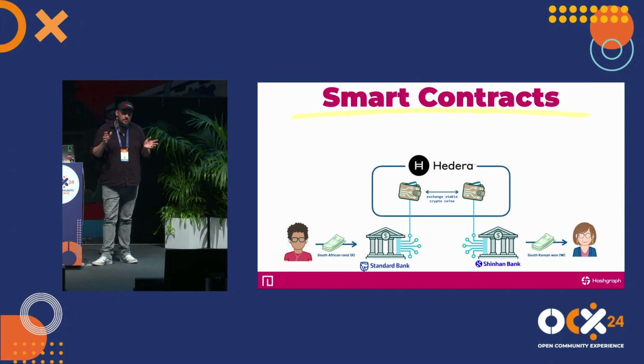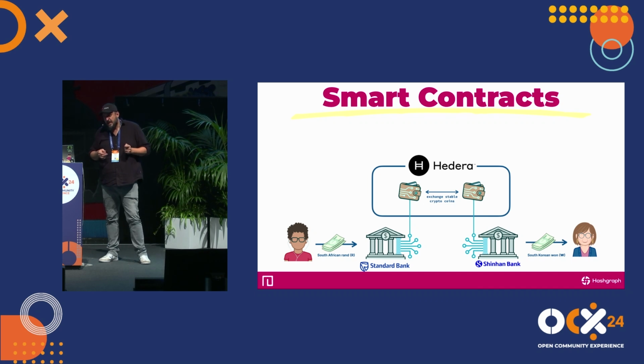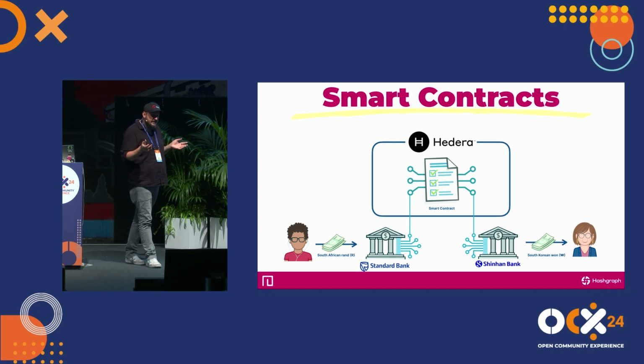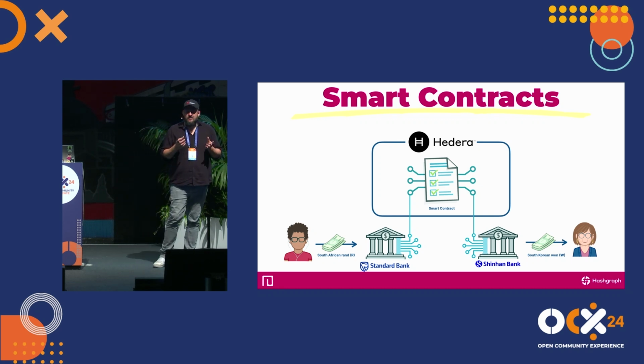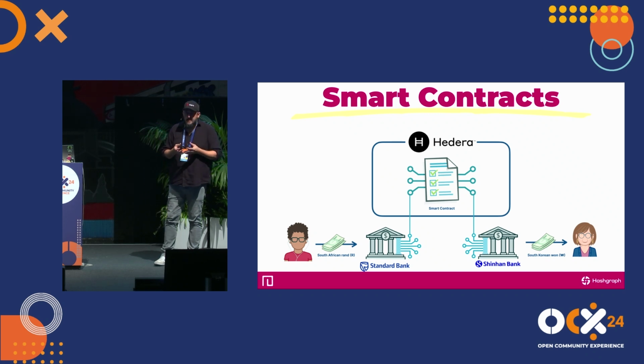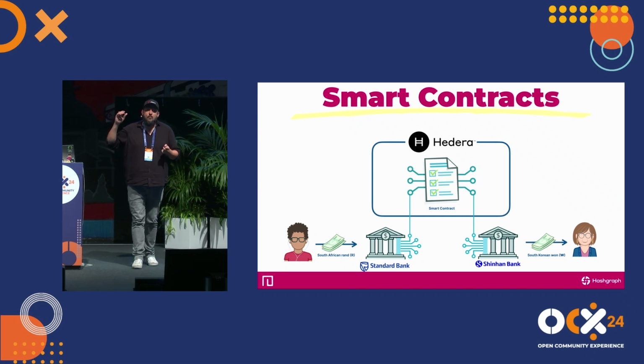Coming back to our real-world example where I started the talk, these two banks that use the Hedera network. What they did, they have a smart contract that is deployed to the Hedera network. And a smart contract is nothing else than a program. You can think about it like a stored procedure in SQL, but it's way, way more.